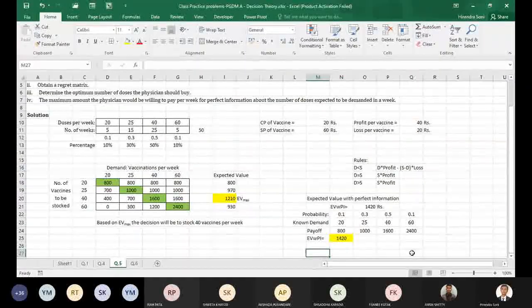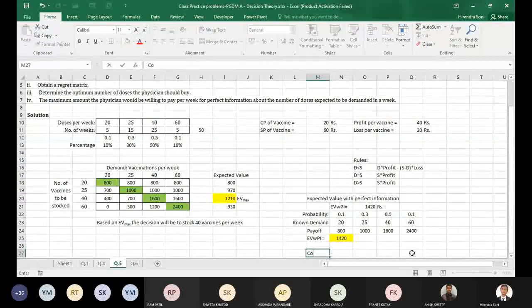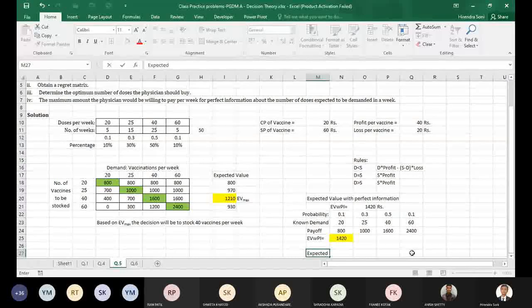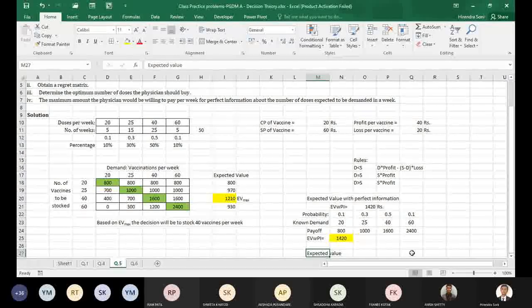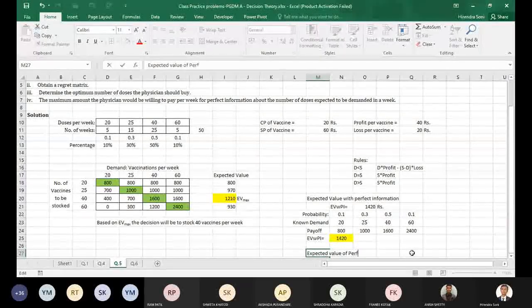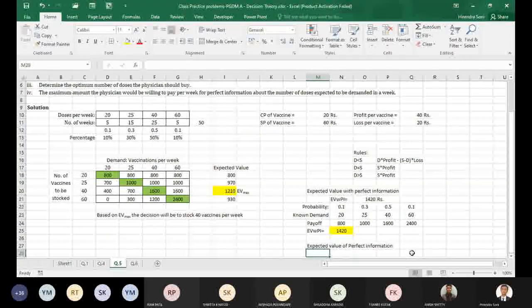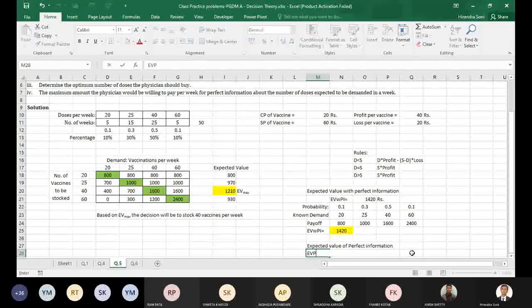So you can also say it is called as expected value of perfect information, so that is expected value EVPI.